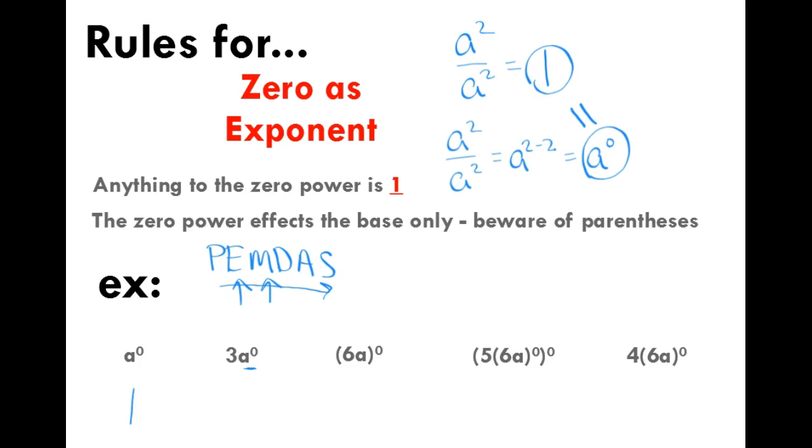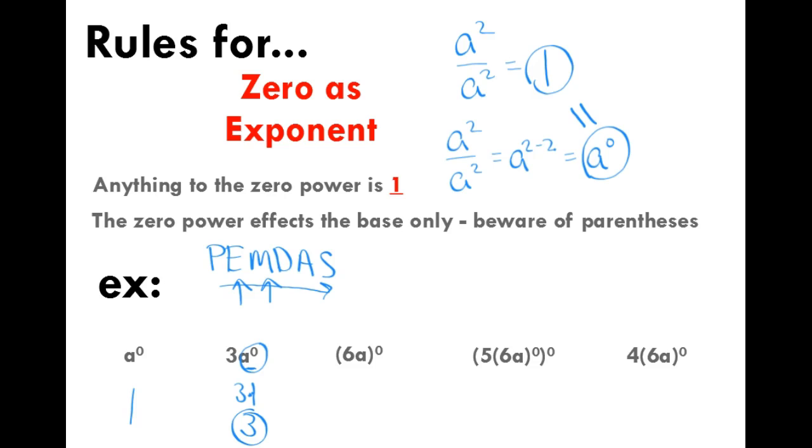So technically, we apply this exponent to the a, and it becomes 1 before we ever multiply by 3. That's something that's hard for people to get set in their brain at first when they learn this. So the answer to this is 3, not 1, because that 0 doesn't affect the 3.